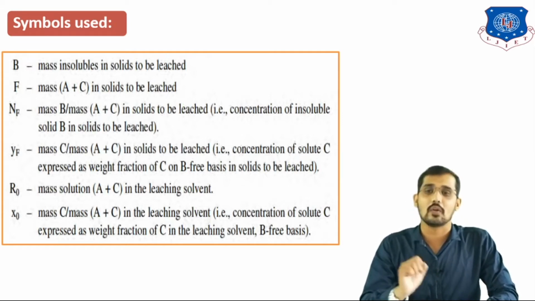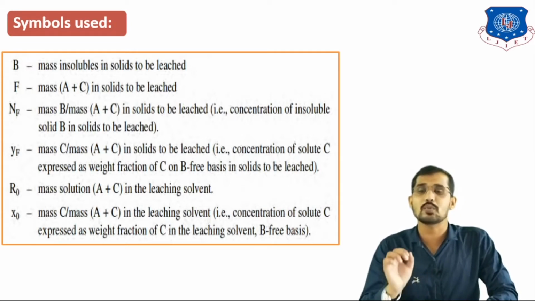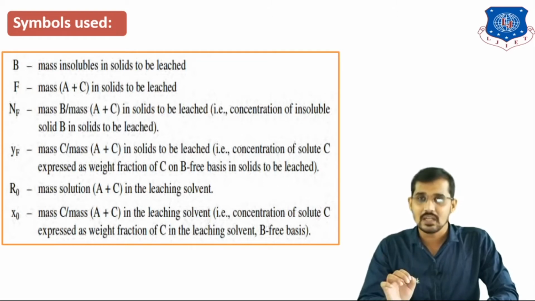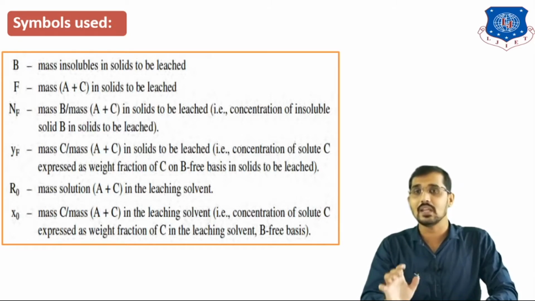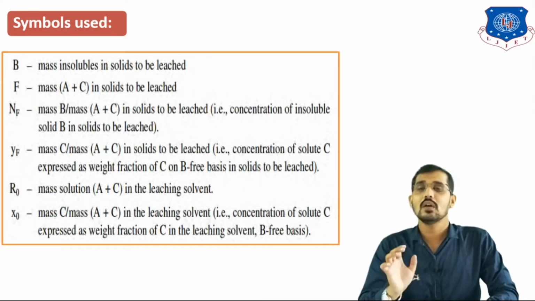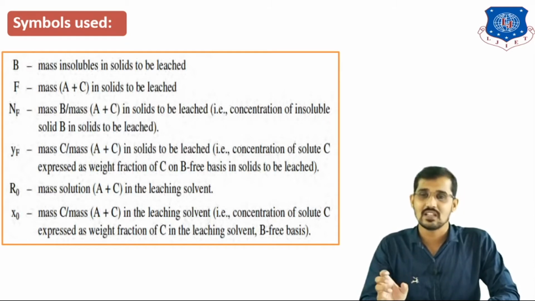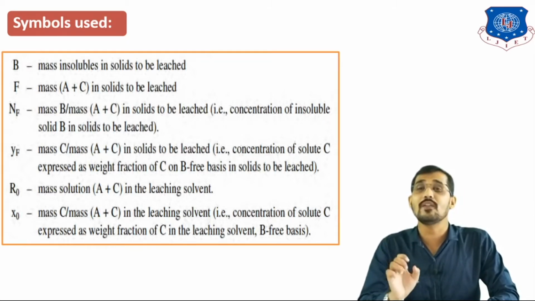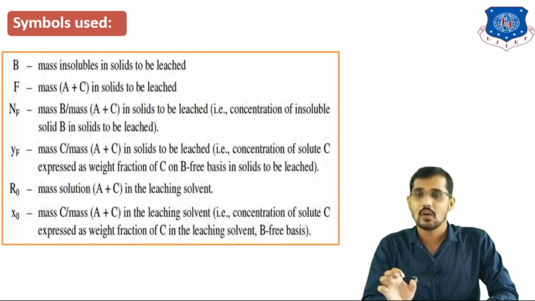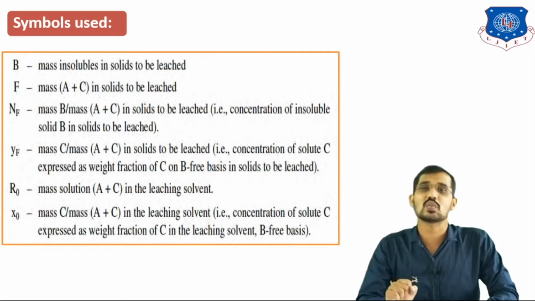Next one is R naught, that is nothing but the mass of solution A plus C in the leaching solvent. Here we are not going to use component B because that is the insoluble part, and we are taking all symbols on the component B free basis, that is the insoluble free basis. So R naught is the total mass of the solution of A plus C in the leaching solvent.